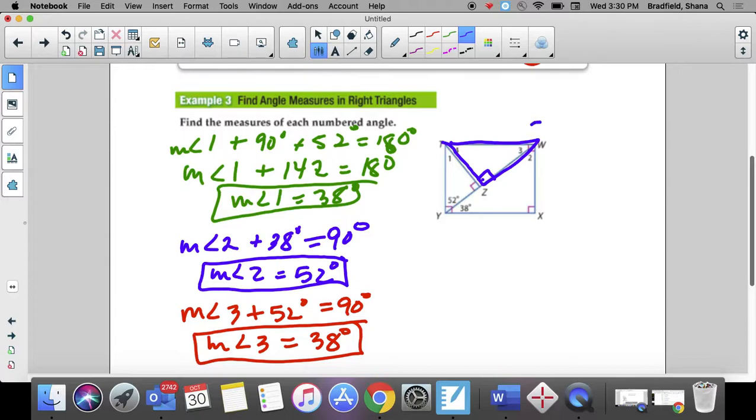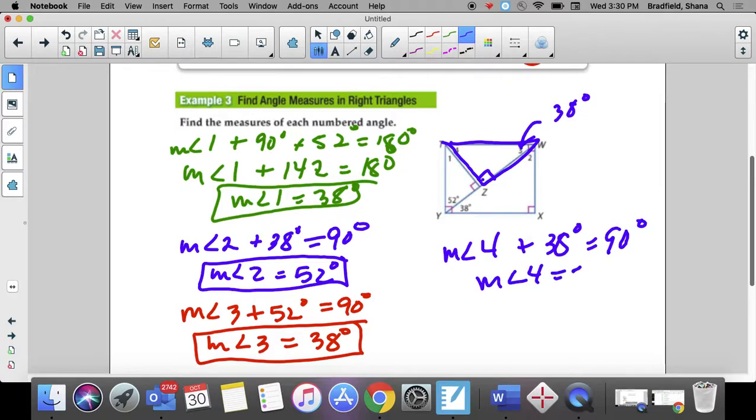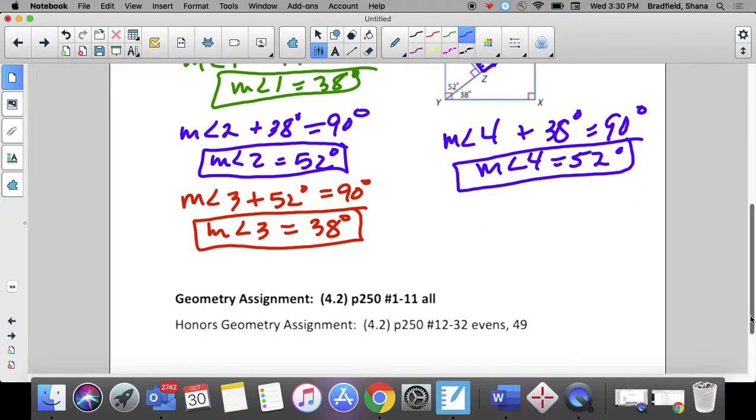I know that angle 3 is 38 degrees, so I can use that corollary that, well, I've got a right triangle, so the other 2 angles have to add up to 90. So the measure of angle 4 plus 38 degrees is going to equal 90. So the measure of angle 4 is 52 degrees. So, we just got to put all the puzzle pieces together on that.